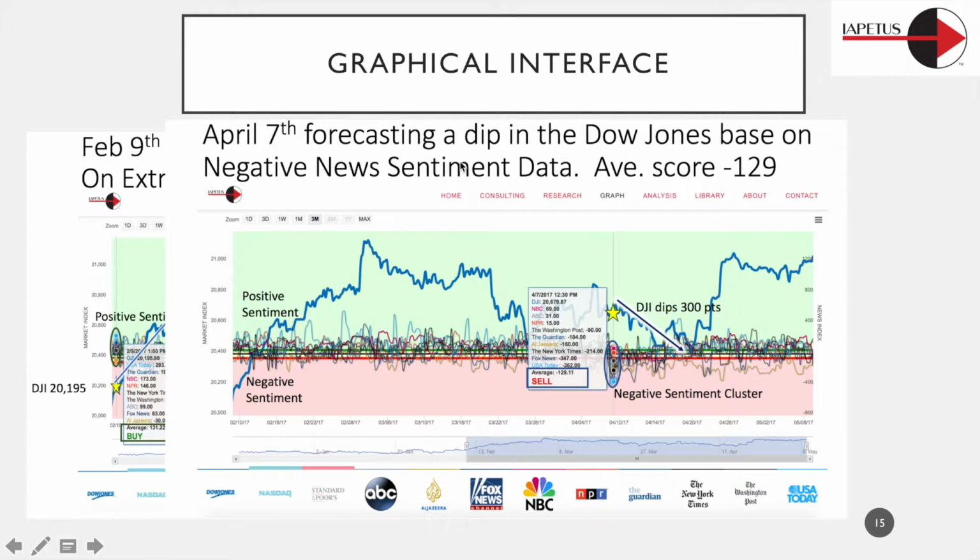So April 7th, right here, we see a negative sentiment cluster, and this is a negative number here, meeting a threshold, sell recommendation, and you can see what happens in the market.